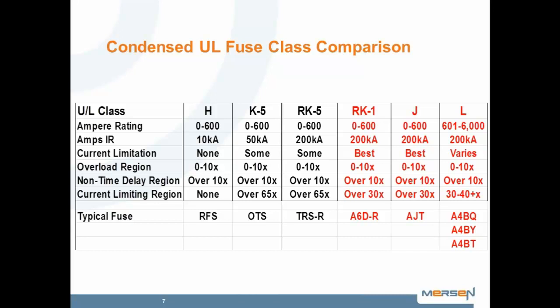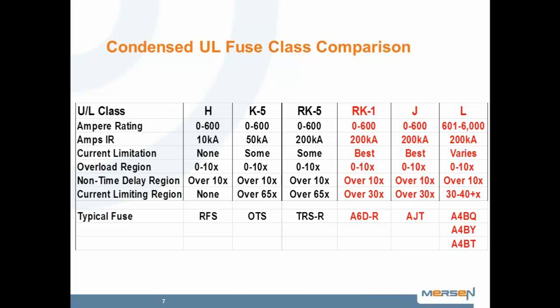The interrupting rating is only 10,000 amps, and there is no current limitation, and the overload region is up to 10 times the nominal amp rating of the fuse. And the non-time delay region is generally over 10 times the fuse rating. It has no current limitation.